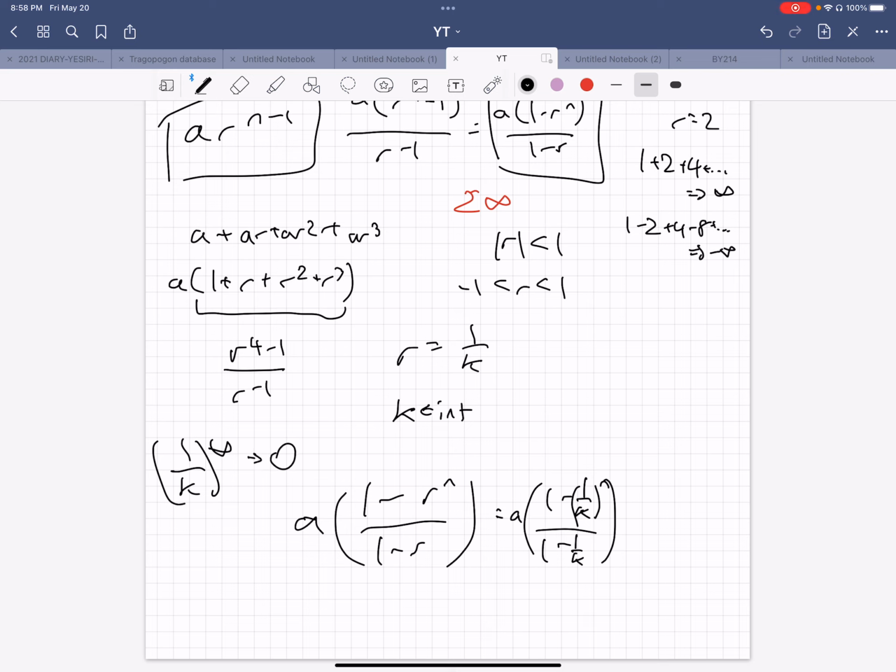Let's say we had something like 1 over 5. We multiply this by itself again, 1 over 25, then 1 over 125, then 1 over 625. We can keep going, and it'll eventually get so small that we call it 0. So in this case, it's a times 1 minus 0 over 1 minus r.